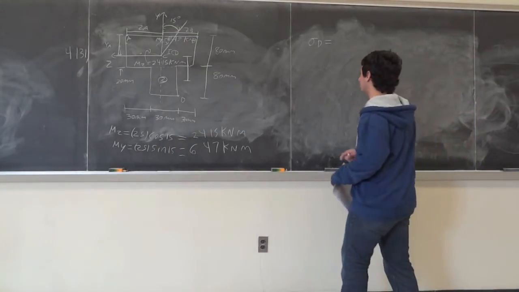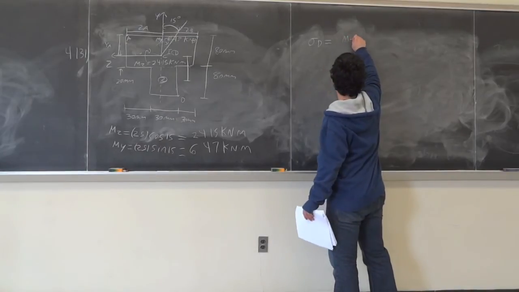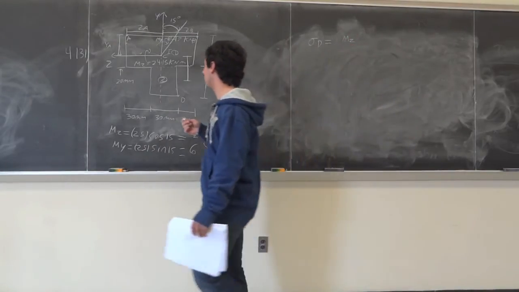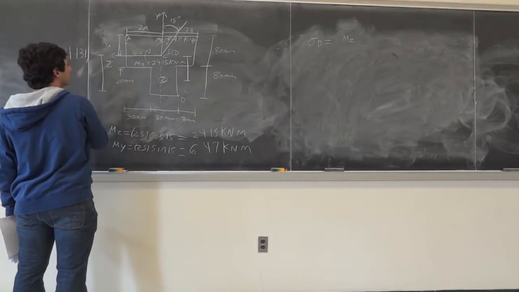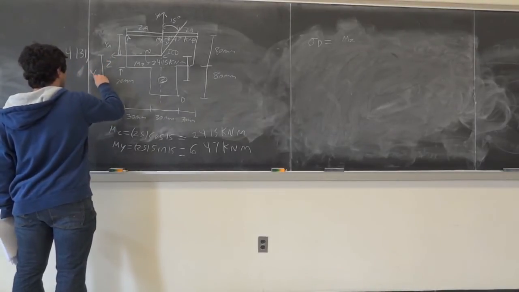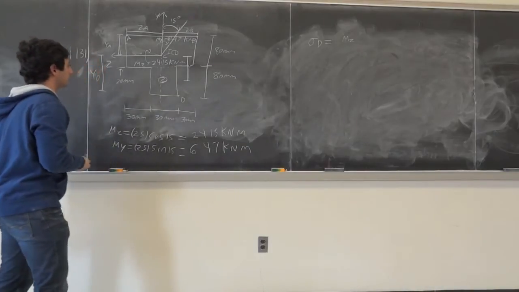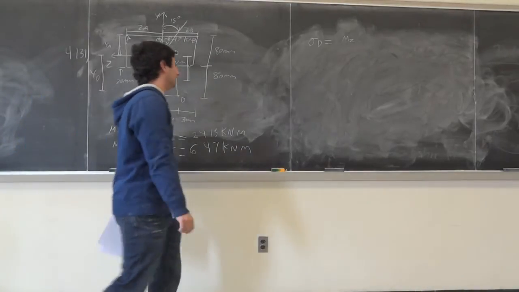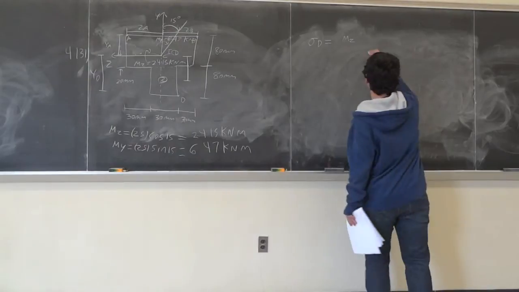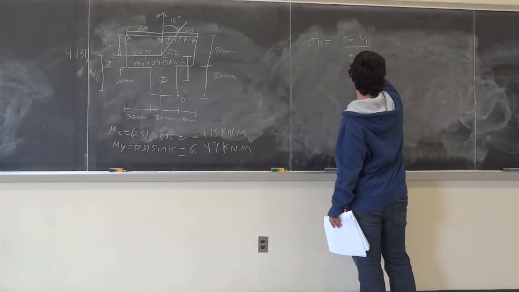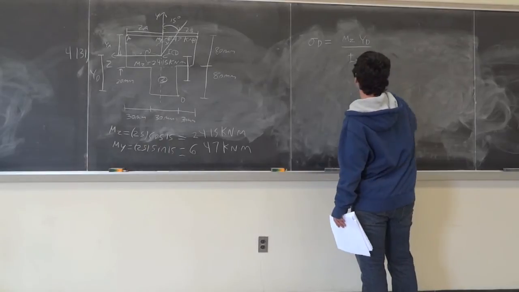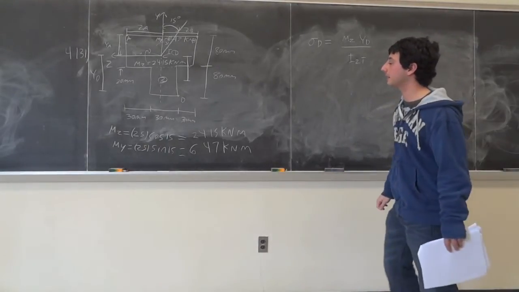Positive, exactly. So it's Mz, the distance here, I'll call it yd. And what is that? It's just 80 plus 20, so it's 100 millimeters, all over the total moment of inertia around the z-axis. And then what about the y?